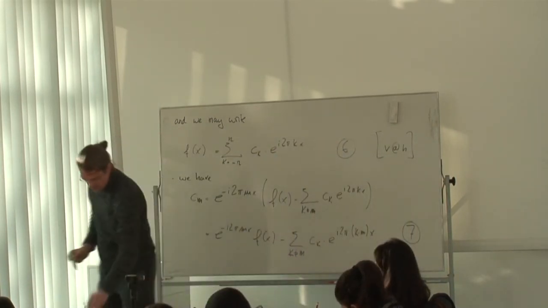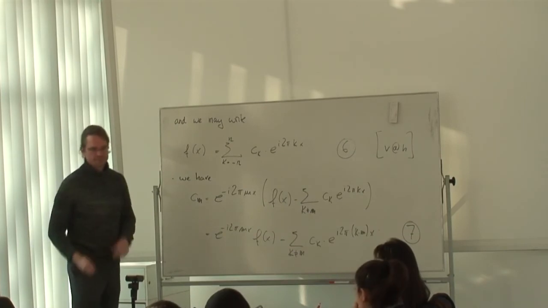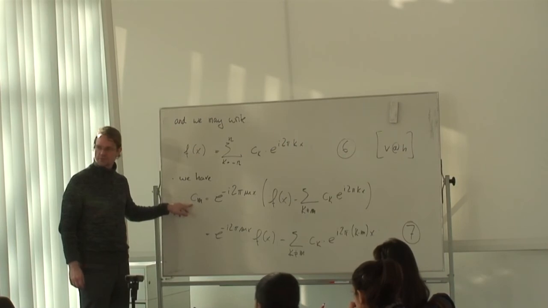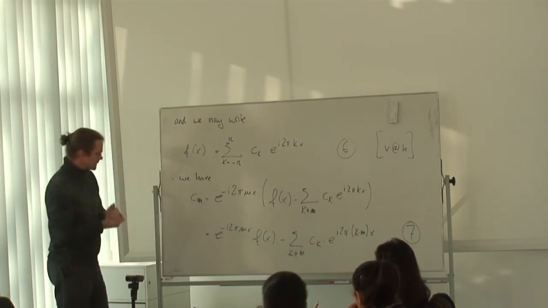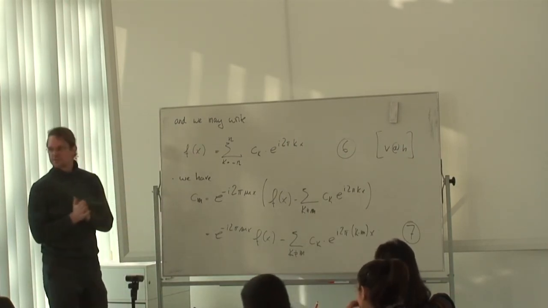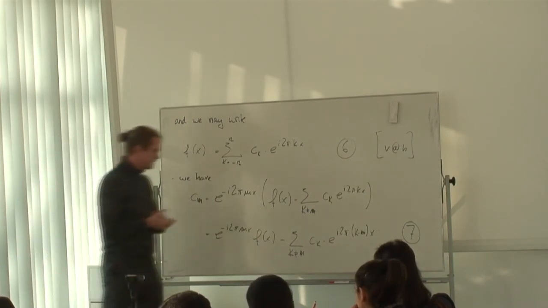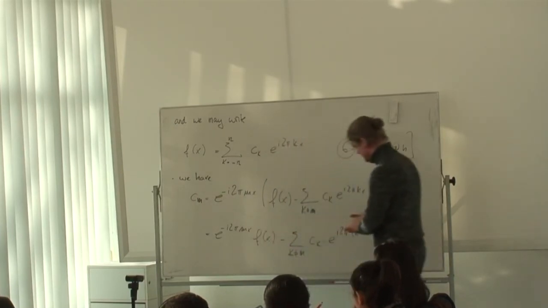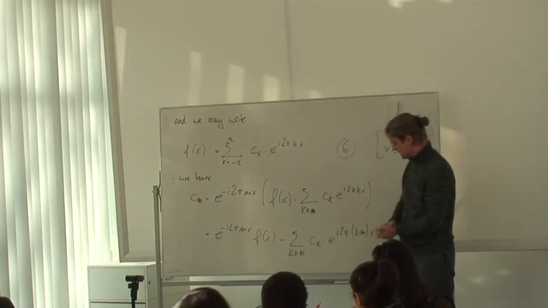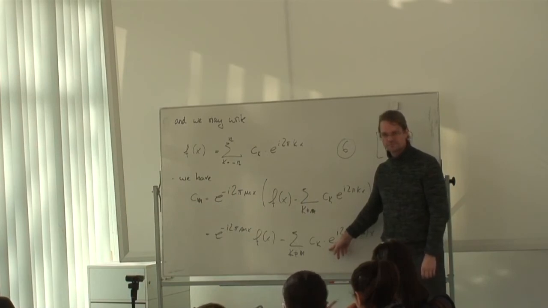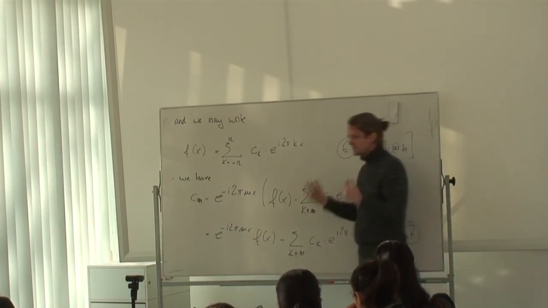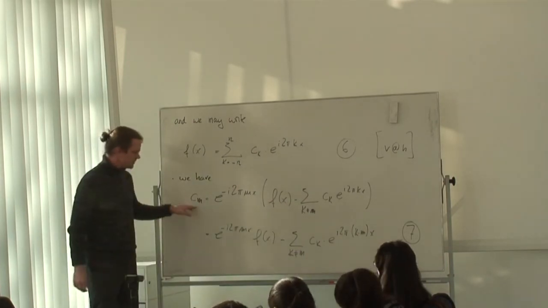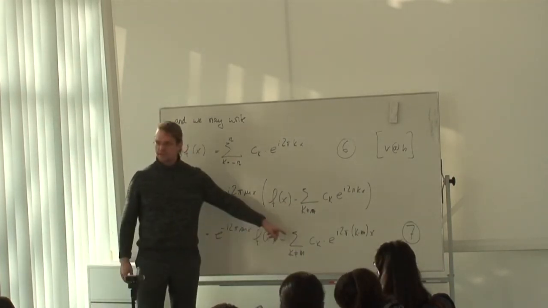Now, have we learned something? We have now isolated one of these coefficients, and it doesn't help us any further. The reason is that in order to isolate this coefficient, we end up with an expression that involves all the other coefficients. And this is to say, what can we say about cm if that requires us to know the ck?